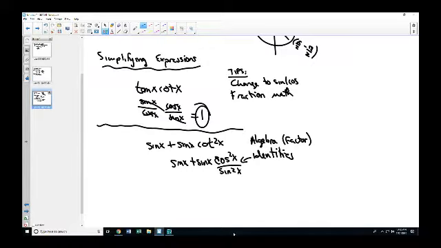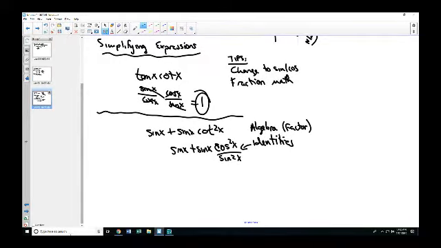Yeah, you did. What next? It's not equal to anything, so you can't square root. We can cancel out one sine top and bottom. Okay, so we end up with what?